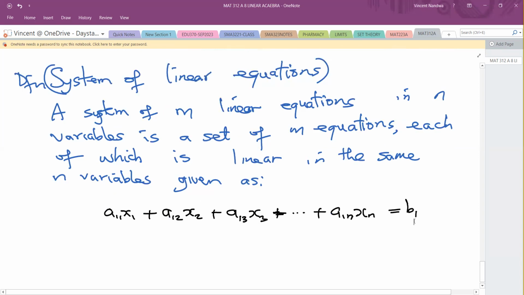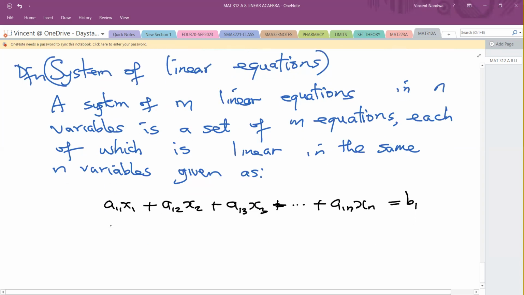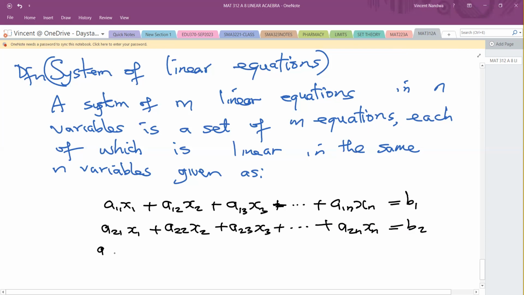So that's the first linear equation. Next is a21 x1 plus a22 x2 plus a23 x3 plus other several terms plus a2n xn equals b2. Next is a31 x1 plus a32 x2 plus a33 x3 all the way up to a3n xn equals b3.